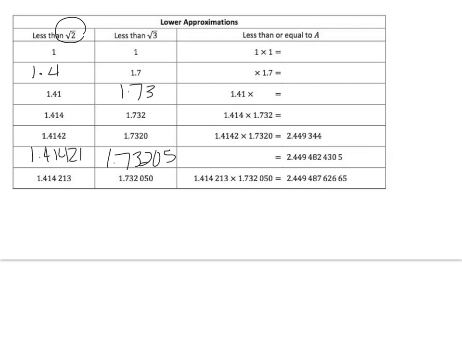And then if you actually do your multiplication, right? So we're multiplying these together. We'll see that our area approximation gets closer and closer to the actual area. 1.41 times 1.73, we're at 2.4393. If I have 2 decimal places here and I'm multiplying, I can have 4 there.